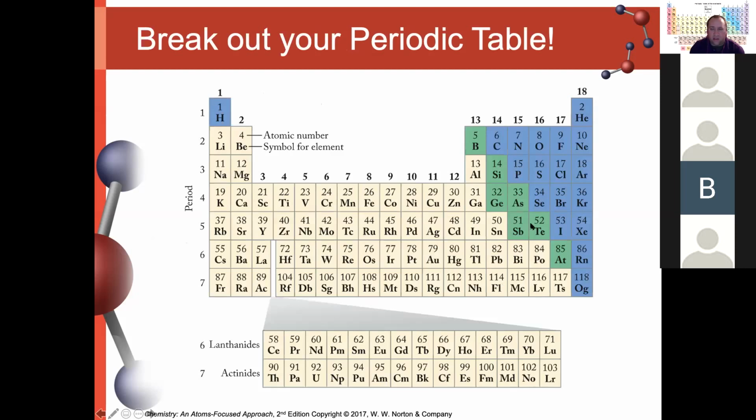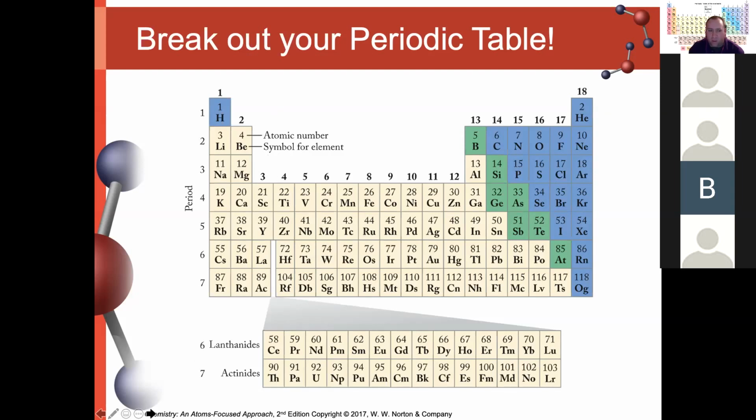And so this was kind of the basis of that other activity, the periodic table mystery, which was looking at some of the aspects of the periodic table and how to identify them.